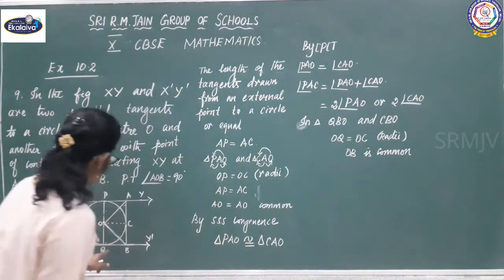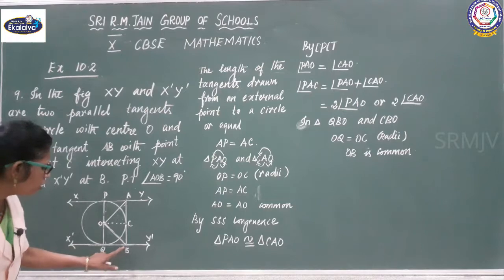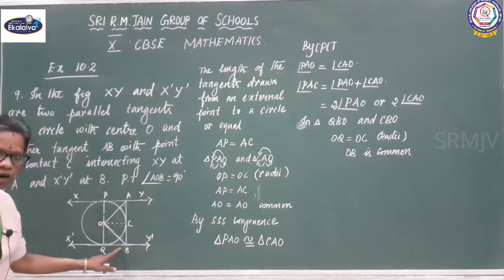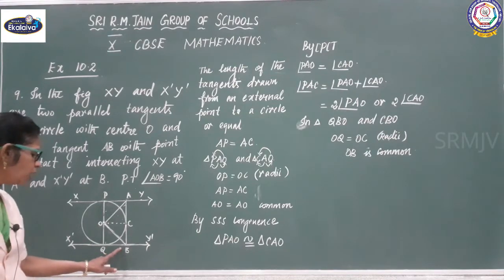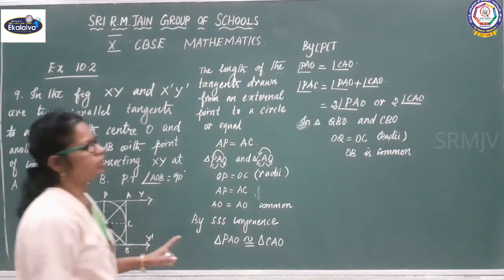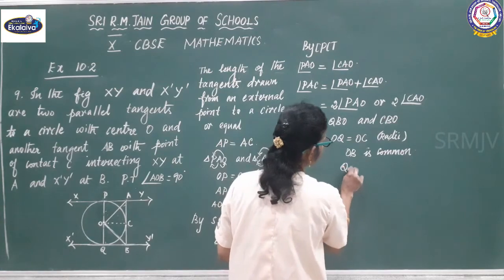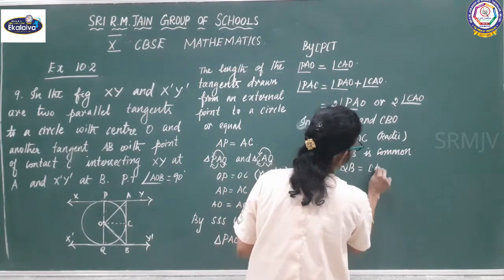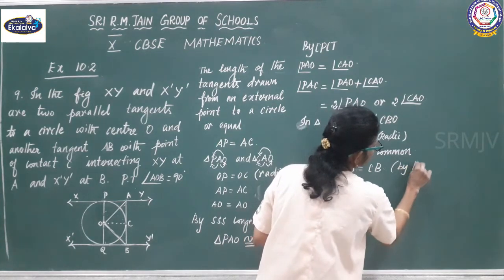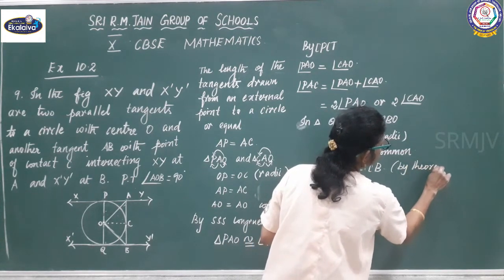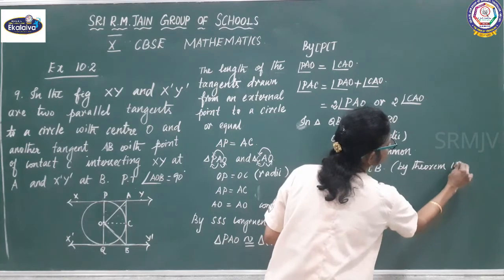Next, B is an external point. So, the lengths of the tangents drawn from an external point to a circle are equal. That's why QB equal to CB, right? By theorem 10.2.